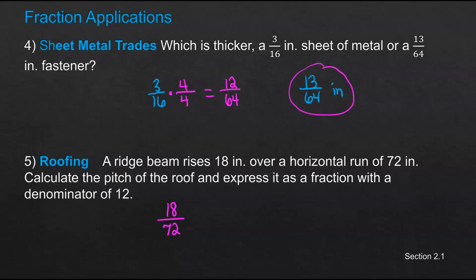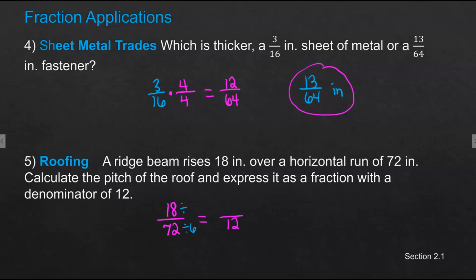We want it to have a denominator of 12 because that is common in talking about the pitch of a roof. And so what would we need to divide by to get 12, right? We divide that 72. Well, we're going to divide by 6. And you can always take 72 divided by 12 to figure that out.